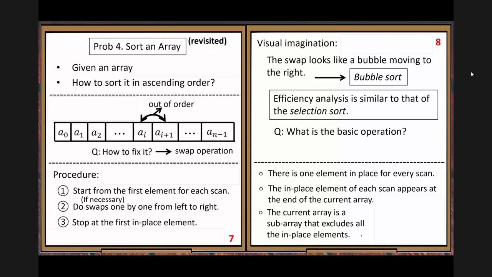Basic operation means the one that contributes the most to the response time. Which operation contributes the most to the overall total response time? Swap or comparison?